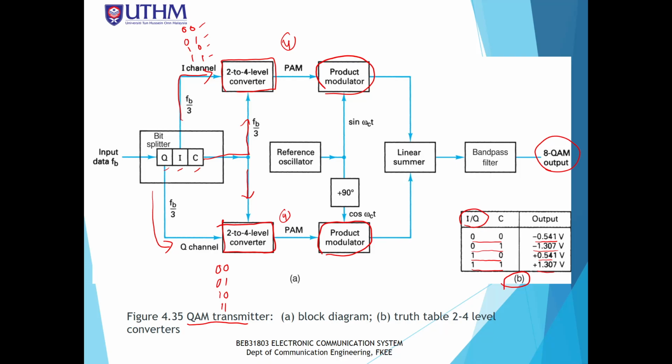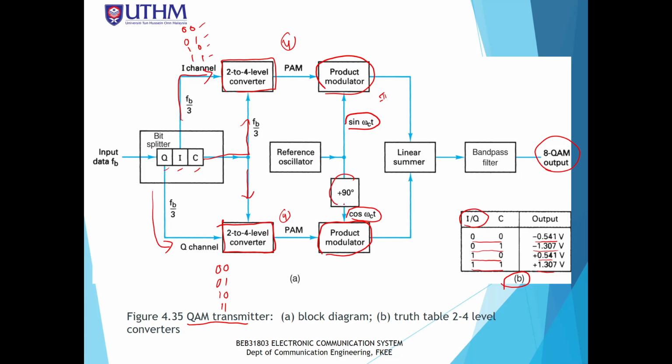For the I channel, the product modulator will multiply the input PAM signal with a sine wave. This is the I channel. For the Q channel, the product modulator will multiply the input with cos omega ct.